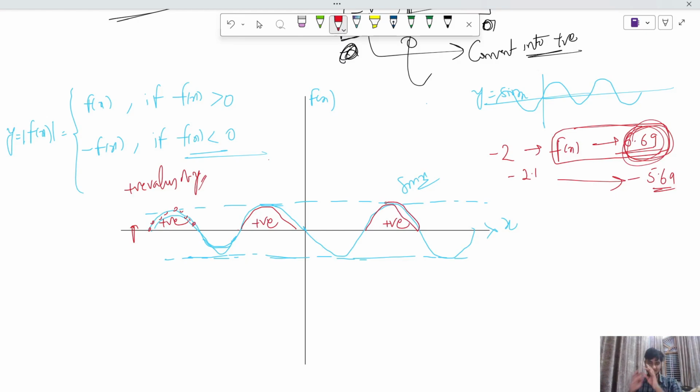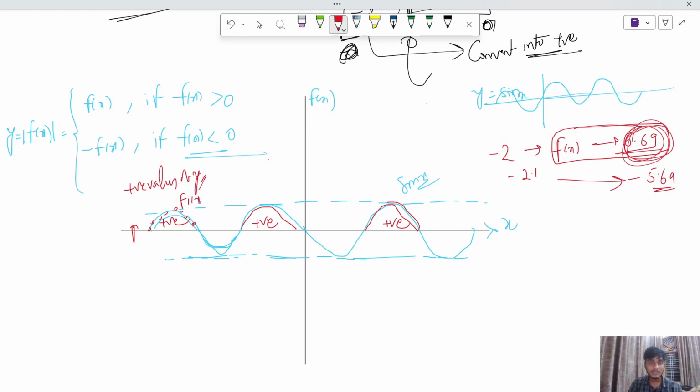Here comes one of the basic and important concepts: whatever is positive, keep it positive. Let's make it simple.